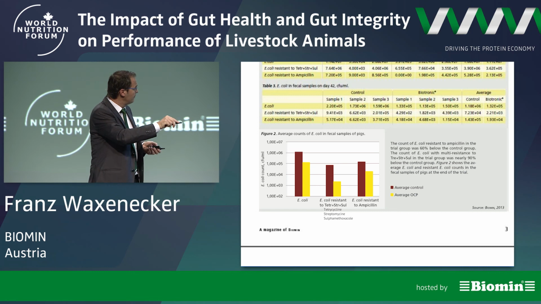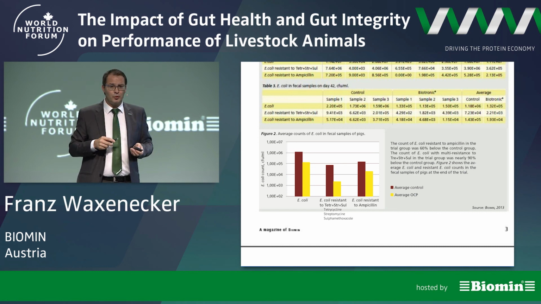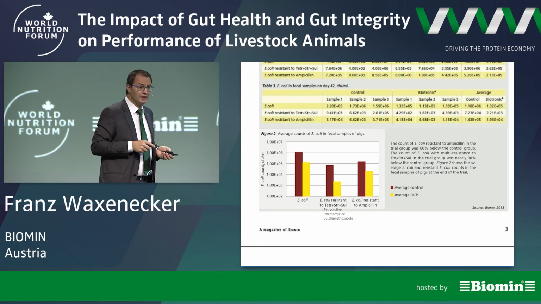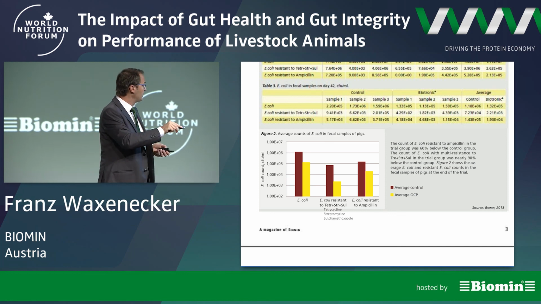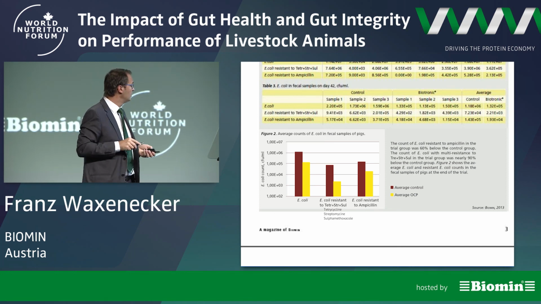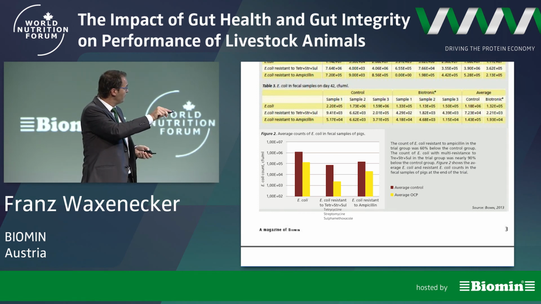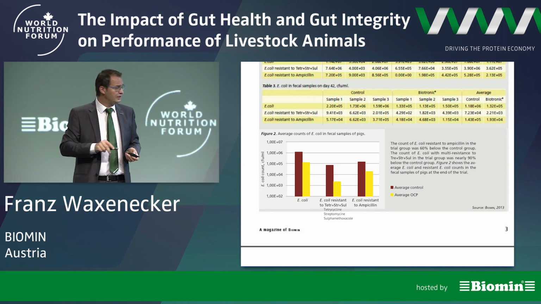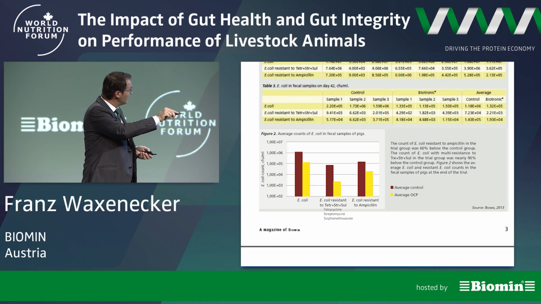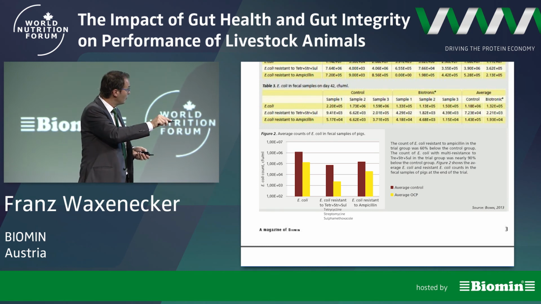Then we studied the E. coli population carrying resistant genes against tetracyclines, streptomycin, and sulfamethoxazole. And you see again the overall population in the non-treated and the group treated with organic acids.